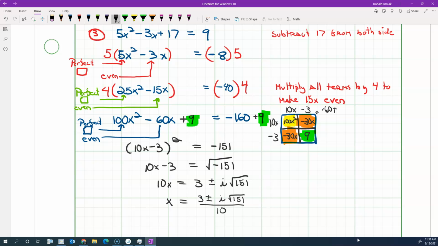That is a complicated completing the square method. But I tell you what, this right here that I showed you makes the old school way look impossible. So this is a much more intuitive, easy way to do it.